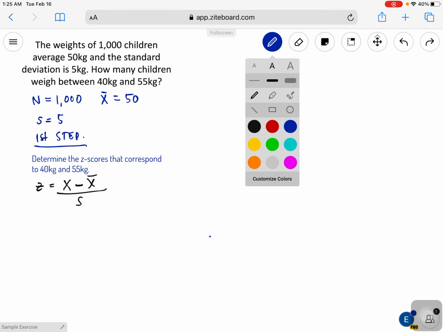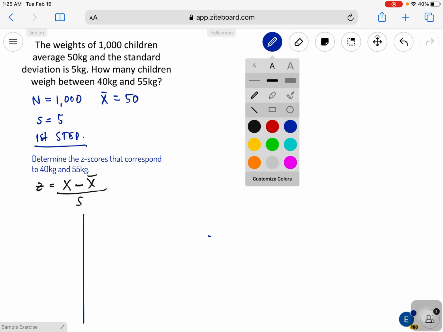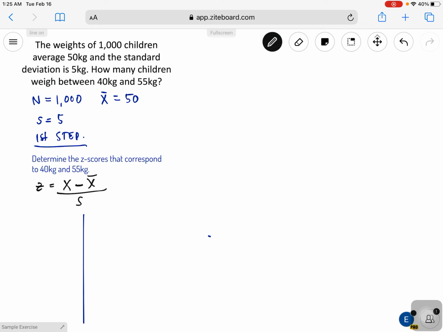Let's denote the first z-score as z sub 1.